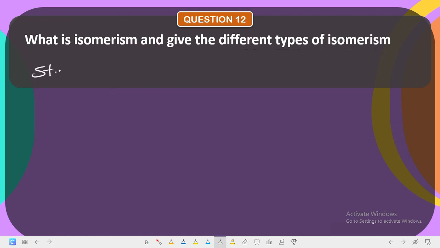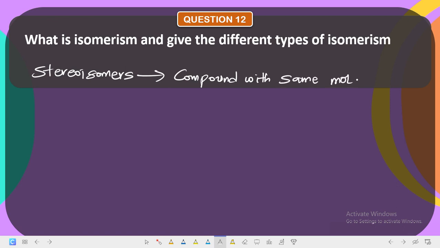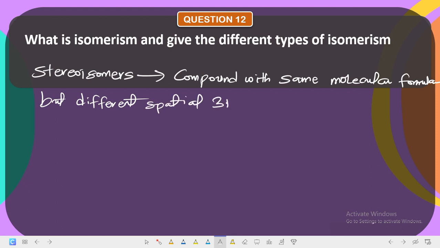Stereoisomers are compounds with the same molecular formula but different spatial or 3D arrangements.